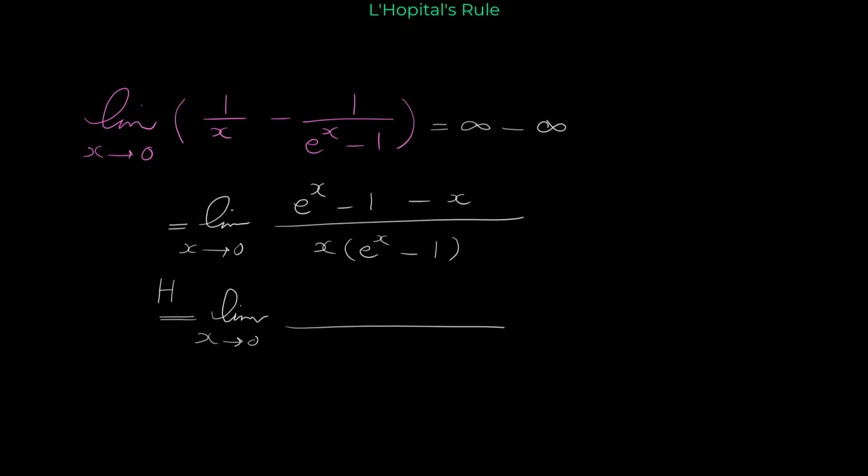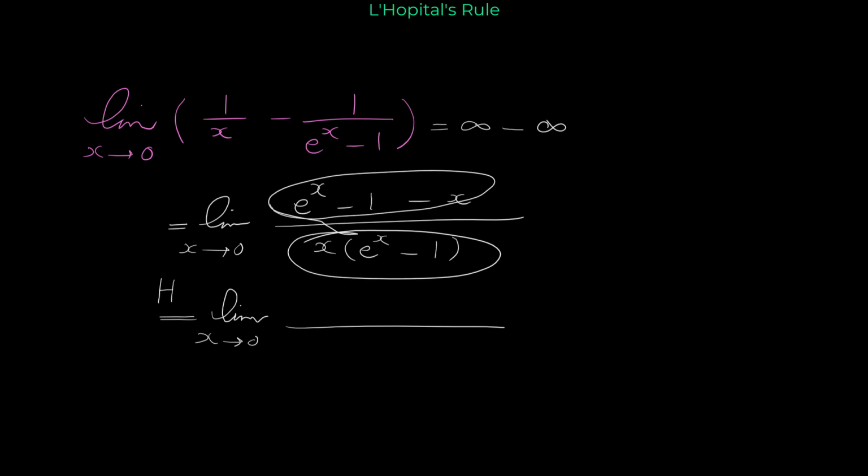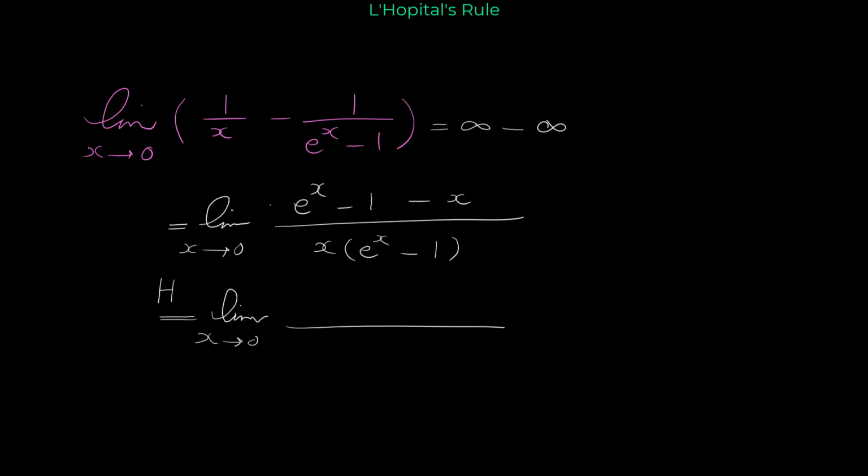And the limit that we have here is in fraction form. We have something in the numerator, something in the denominator, and based on L'Hopital's rule, we simply differentiate the numerator and denominator separately.